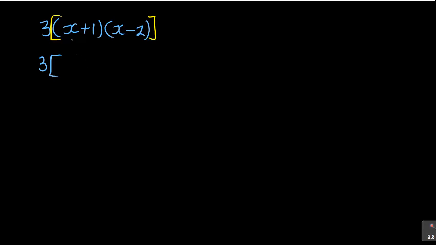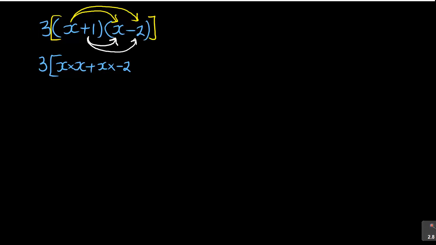So what you have is the x multiplies the x, and the x multiplies that one. So you are having x times x, that's the first one, and then there is a plus sign for x, so you will have plus x times minus 2. So you are done with the x, the 2 arrows. You do the same thing with the 1: the 1 multiplies that and the 1 multiplies that.